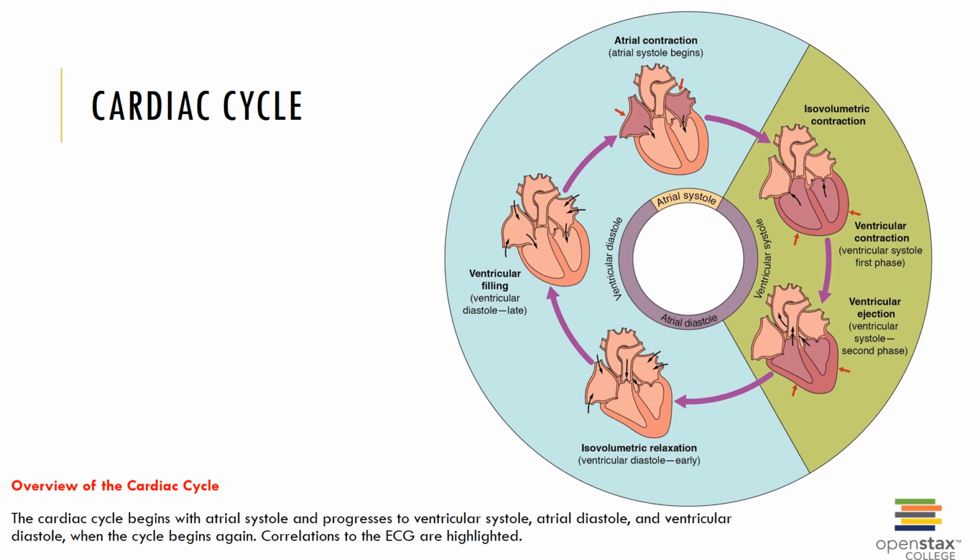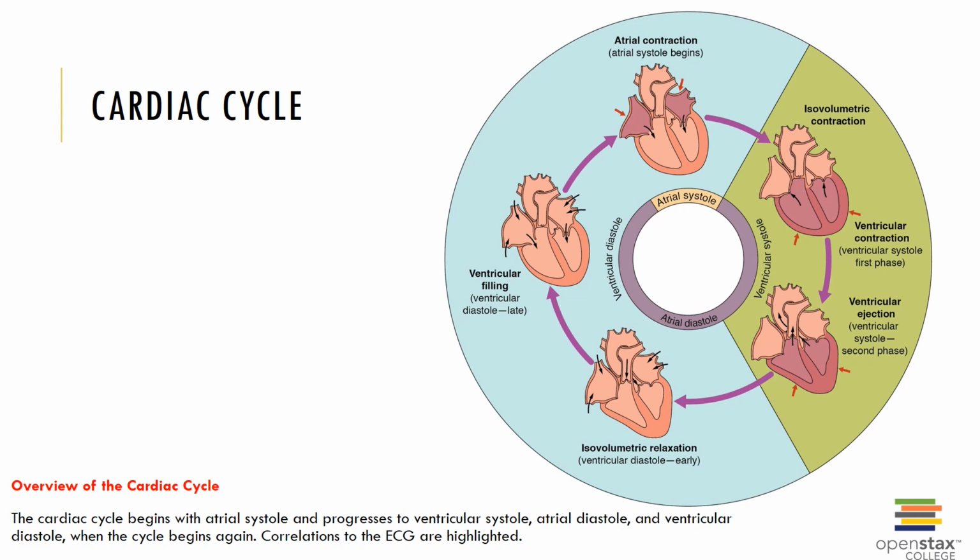For any one chamber in the heart, the cardiac cycle can be divided into 2 phases: systole, or contraction, and diastole, or relaxation. A sequence of systole and diastole in either the atria or the ventricles that lasts 800 milliseconds represents a heart rate of 75 beats per minute.